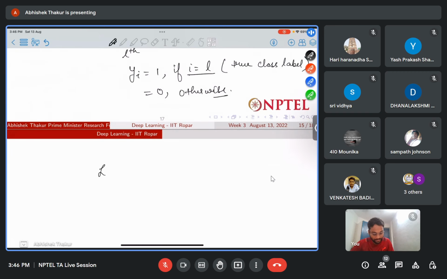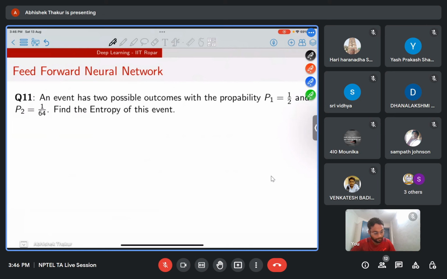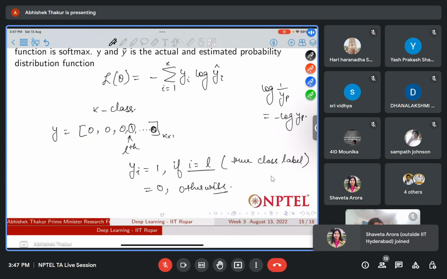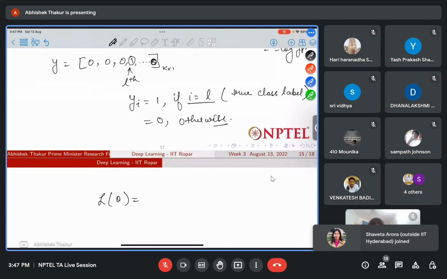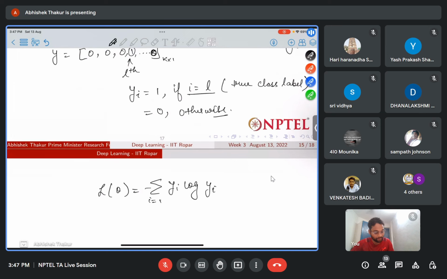So our L theta will be equal to minus yi log yi, summed over i equal to 1 to k, as there were k classes in our data set.